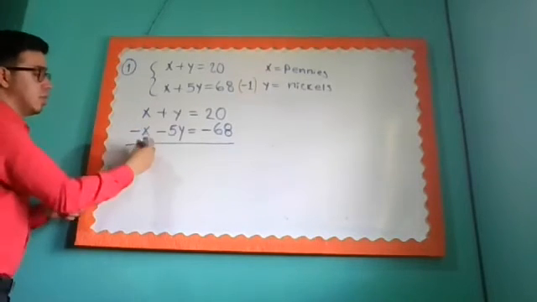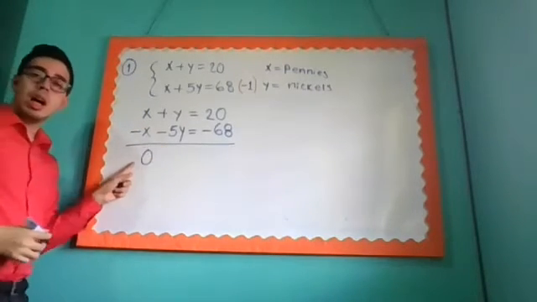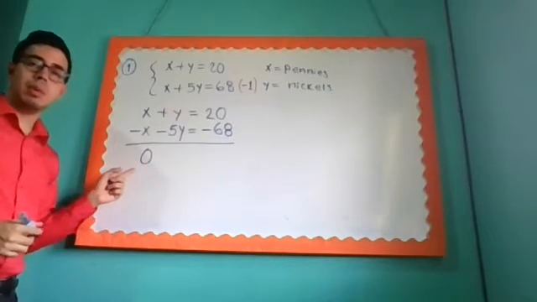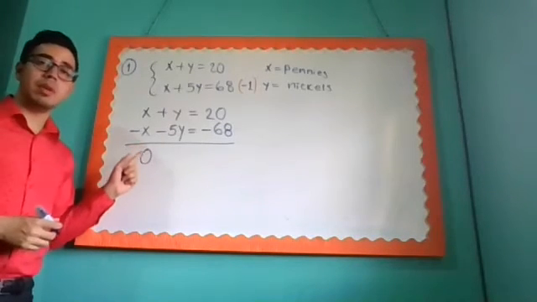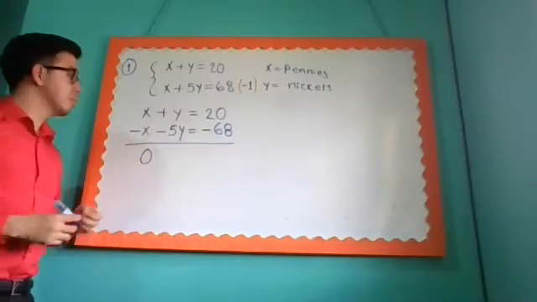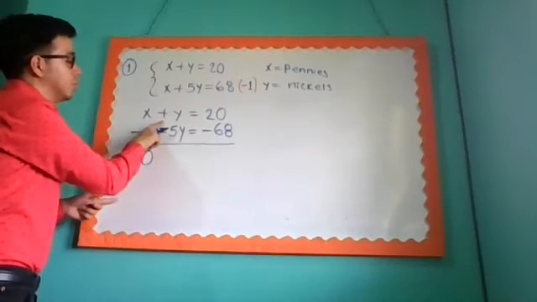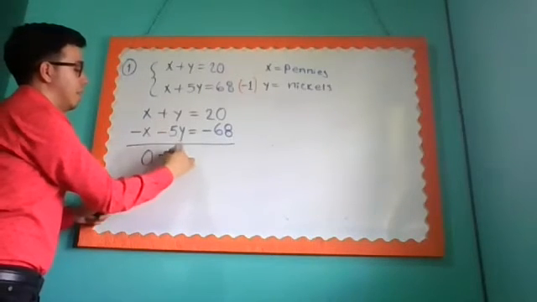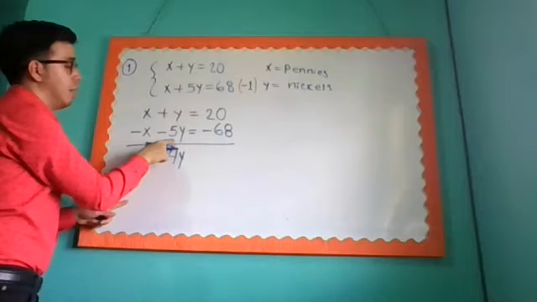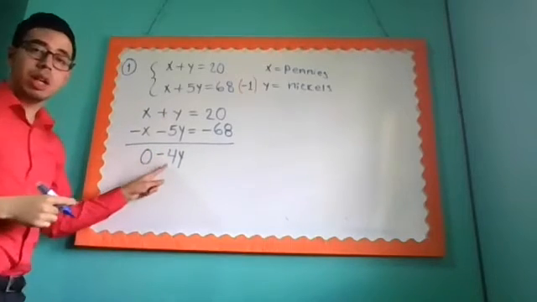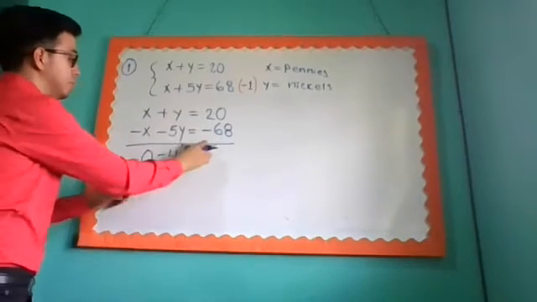X minus x is 0. Look, I'm trying to eliminate one variable and I already did it. I already eliminated the variable x. In here we have -4y because -5 plus 1 is -4, and copy the variable y.